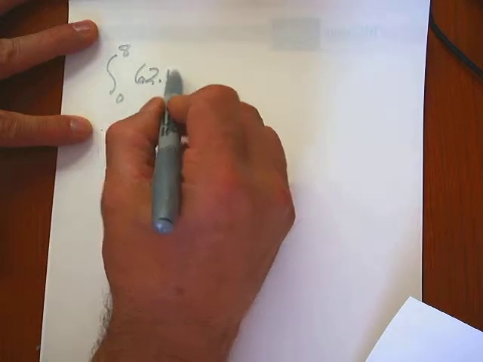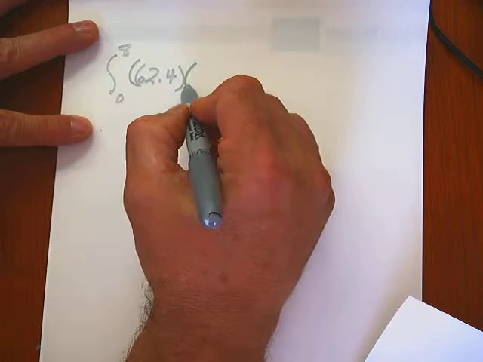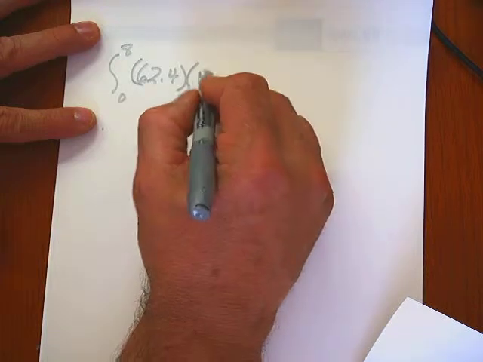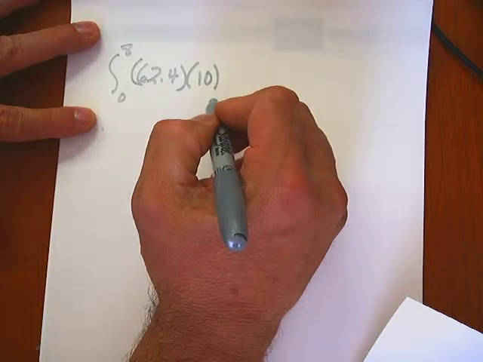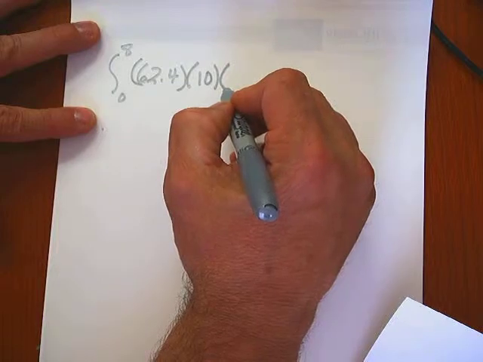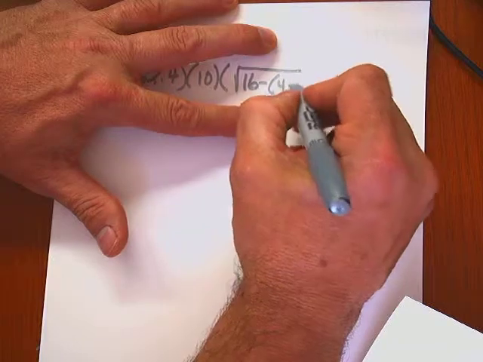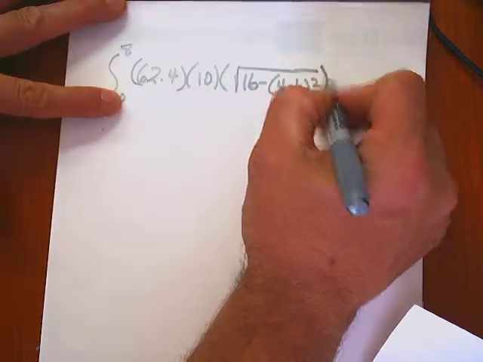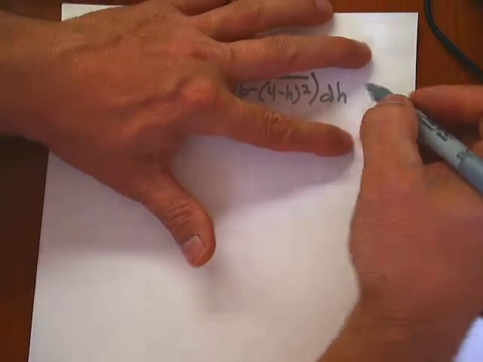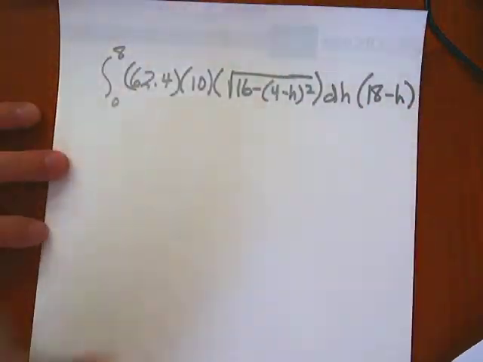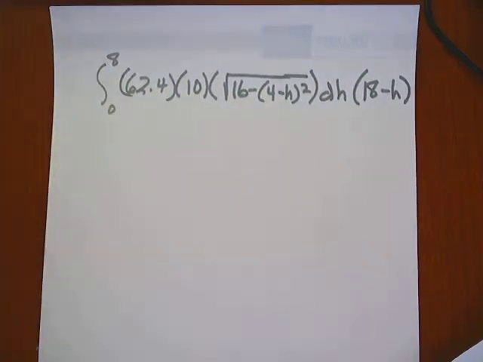Integral from 0 to 8, and I'm just going to put everything in there: 62.4 times 2, that'd be 10. I didn't do the other part, so I'm putting it all together. 10 times the square root of 16 minus 4 minus h quantity squared dh times 18 minus h. And that would be your integral.